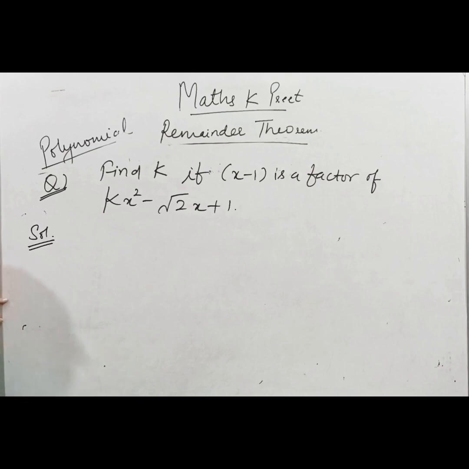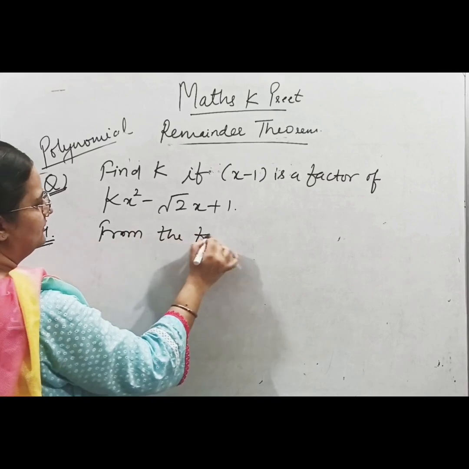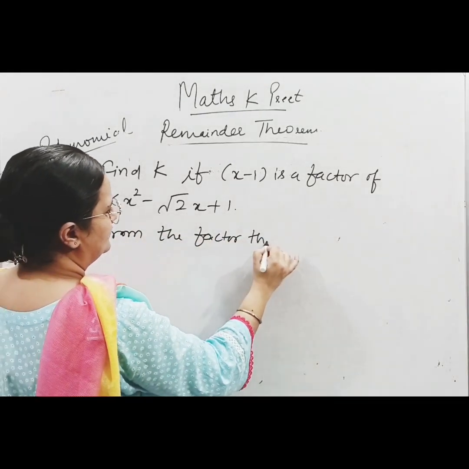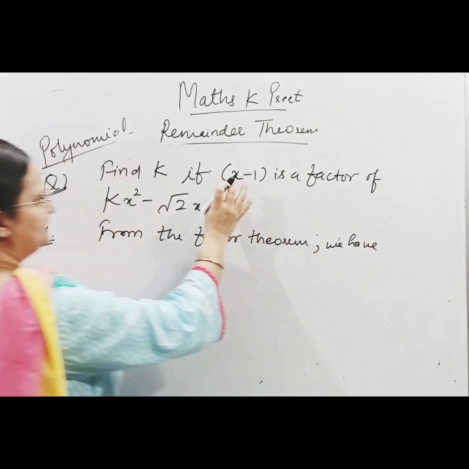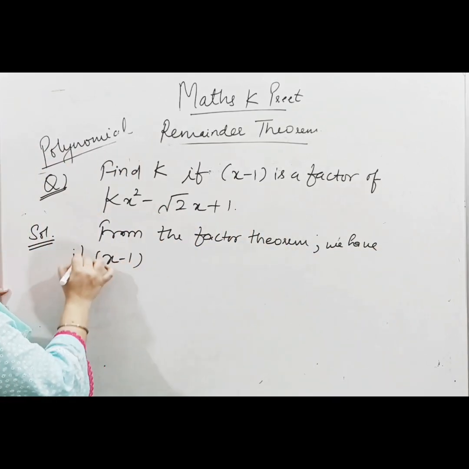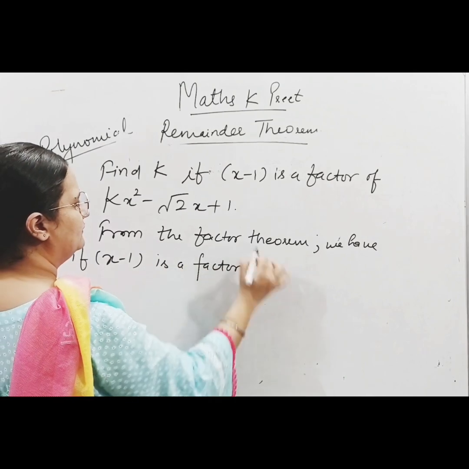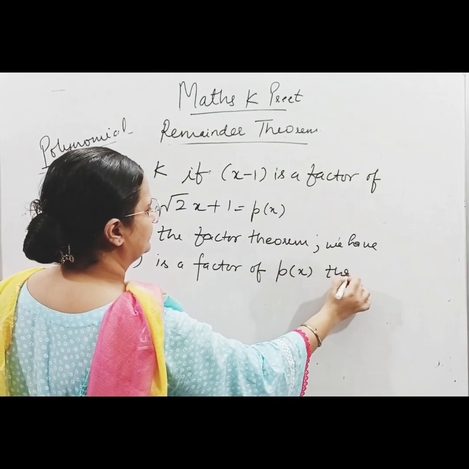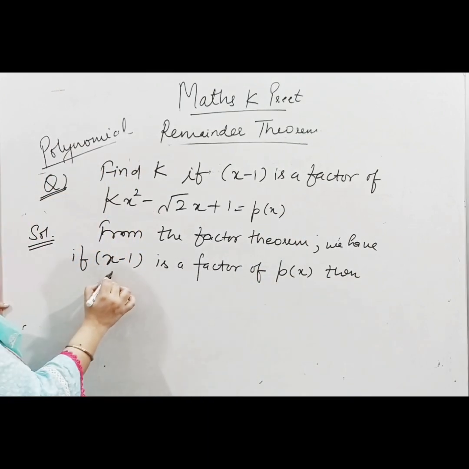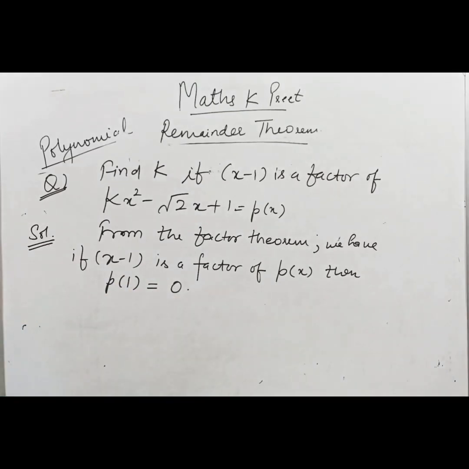Solution. If x minus 1 is a factor, from the factor theorem, let's say this is p of x, then the factor theorem says p of 1 will be equal to 0.